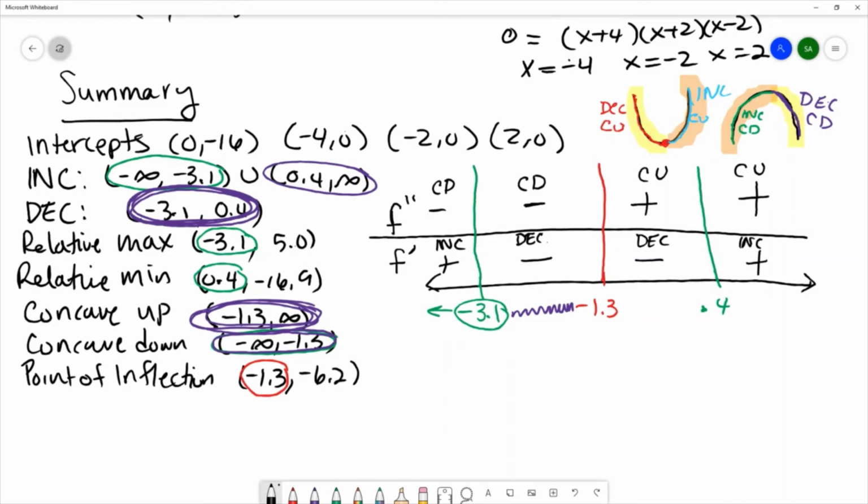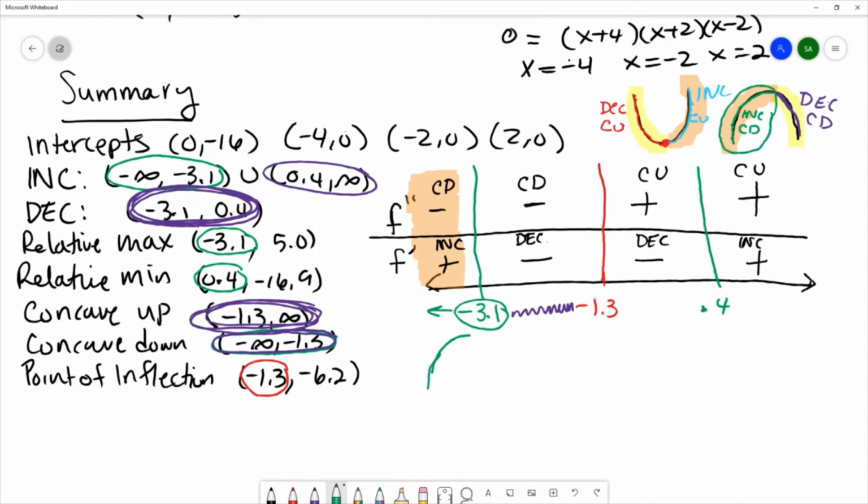So what I wanted to do with this is figure out which one of these curves we'll have in each one of these intervals. On this first one, we have increasing concave down, which matches this curve right here.